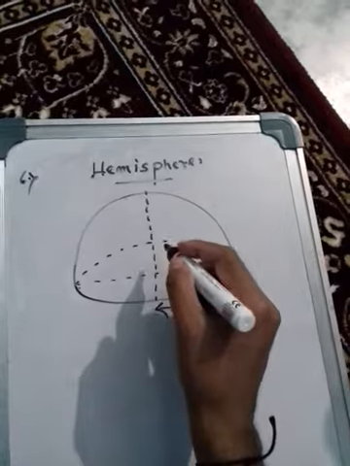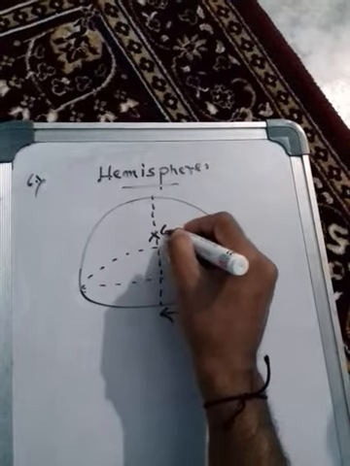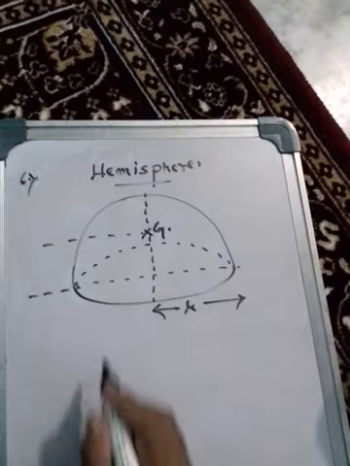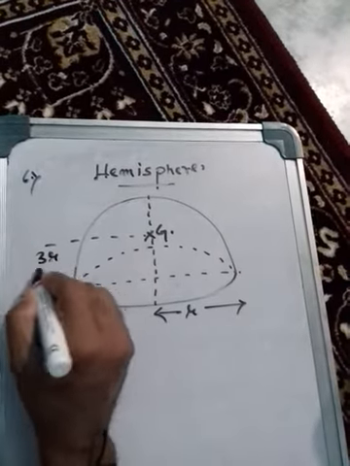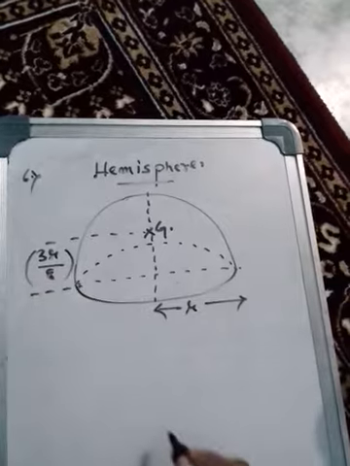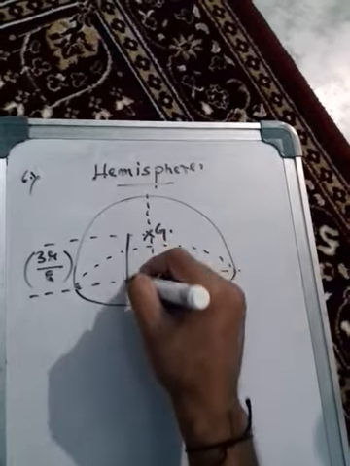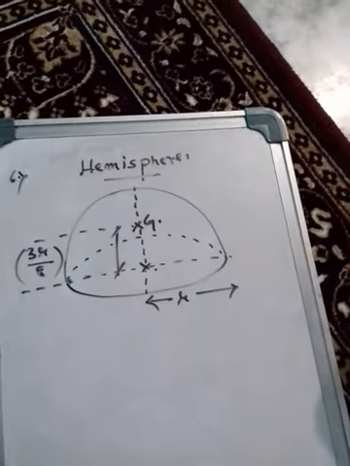Okay, and if this is the CG, the distance will be 3r by 8 from the axis. This is the CG distance.